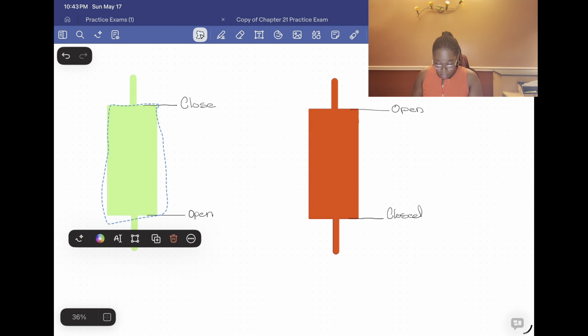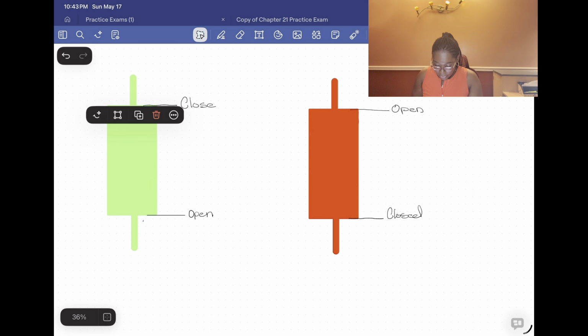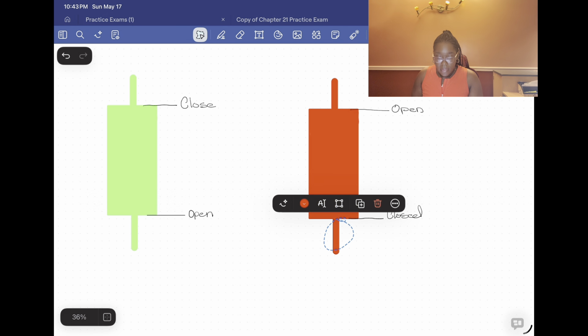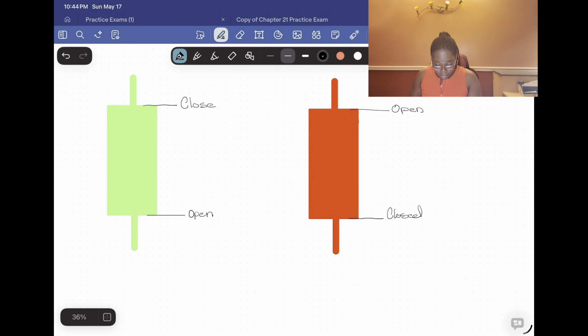Now you might be wondering, what are these little things here and down here? Well, that is what we call our wicks. And our wicks on a wider scale tell a lot about what we are looking at on the chart. But in this instance, I will just be sharing the basics.